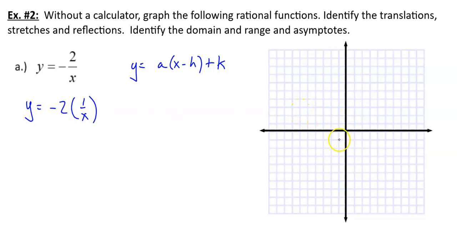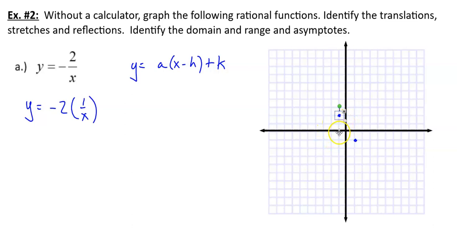Now, normally, when we are graphing these, you remember we went through those points. But because we're reflecting it over the x-axis, because of the negative, those points for my reciprocal function become important. And because we have a stretch, we're actually going to go up to the 2.